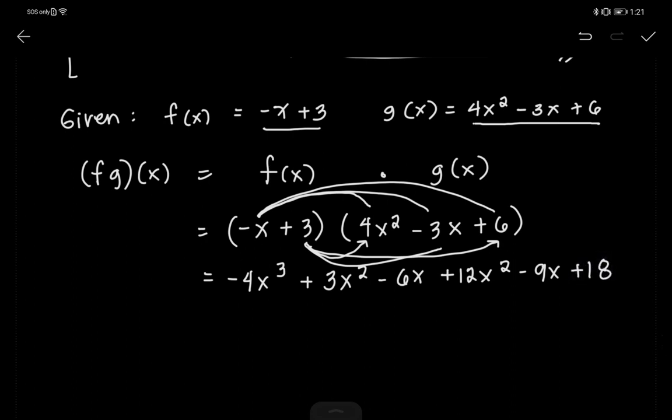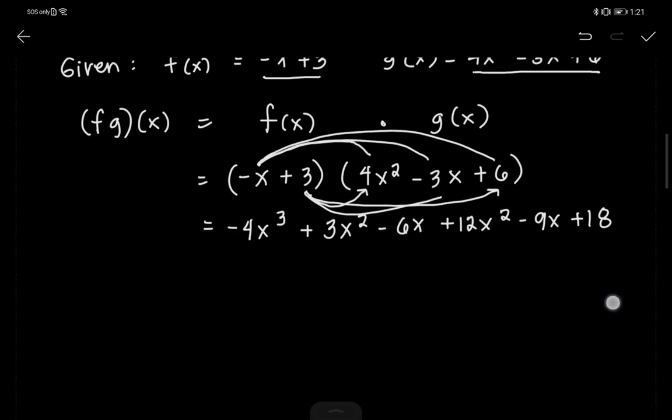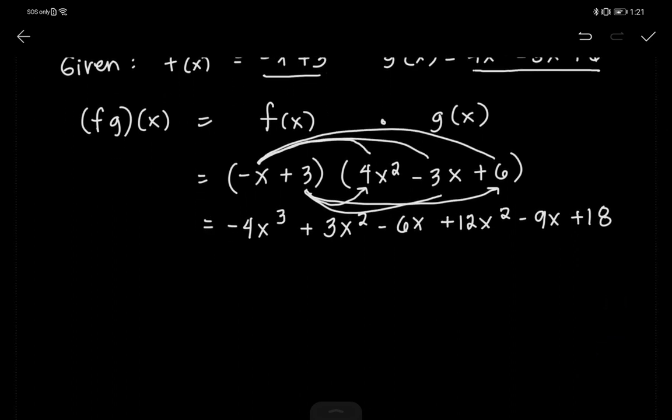So we have here now, what we are going to do is simplify this by combining like terms. As you observe, we have here two like terms, which are 3x squared and 12x squared. So bring down the rest. We have here negative 4x cubed, then 3x squared plus 12x squared is equivalent to positive 15x squared.